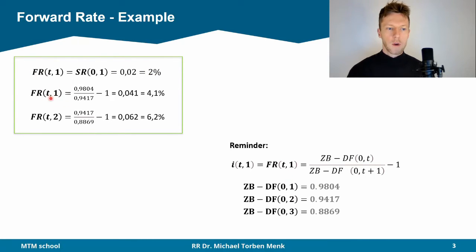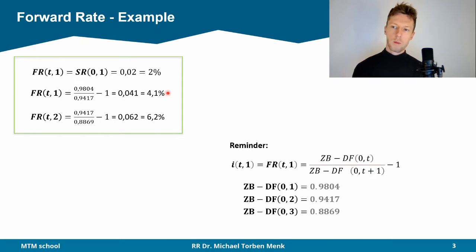The forward rate from year 1 to 1, also from 1 year in the future to 2 years in the future, is this zero bond discount factor 0 to 1 divided by the zero bond discount factor from 0 to 2 minus 1 will give us 4.1%.